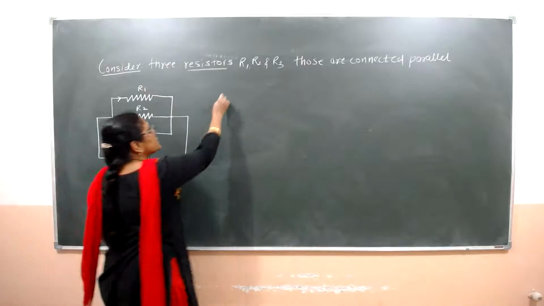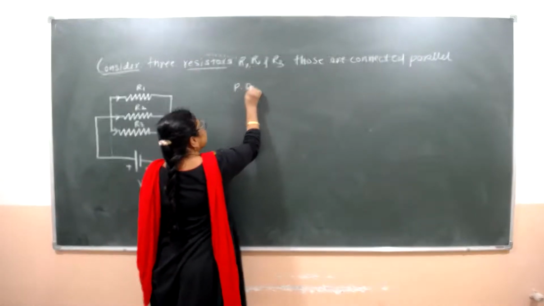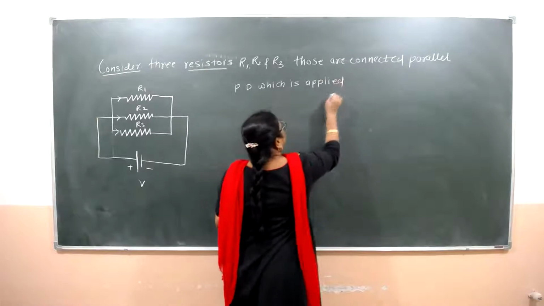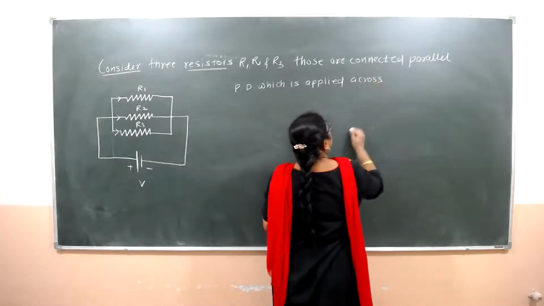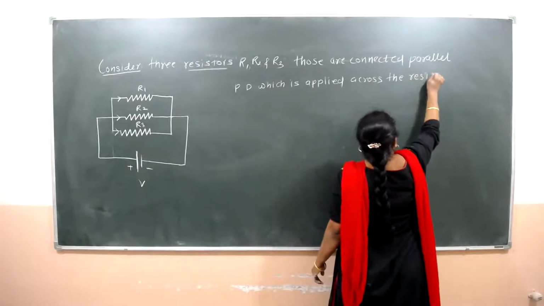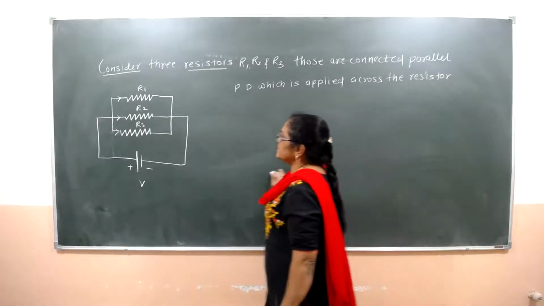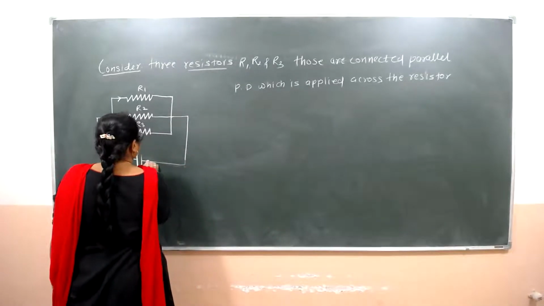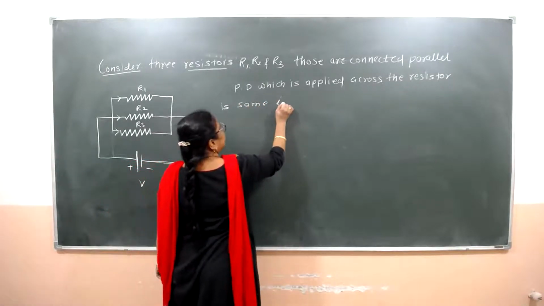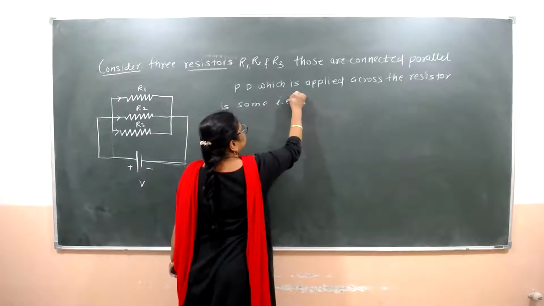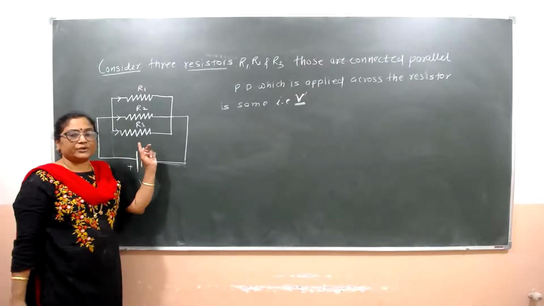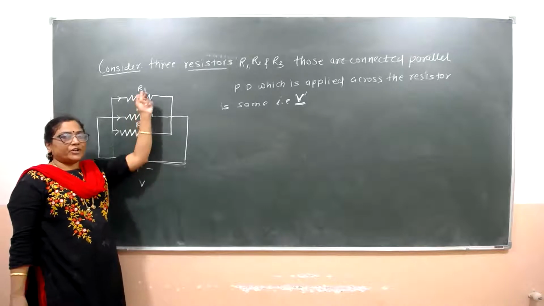Therefore, when the resistors are connected in parallel, the potential difference applied across the three resistors is the same, that is V. Potential V is given to R1, V is given to R2, V is given to R3.